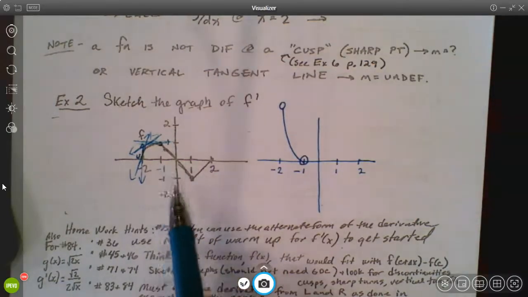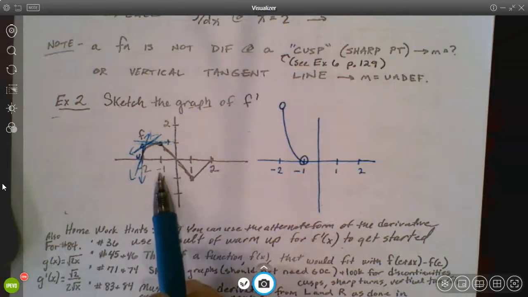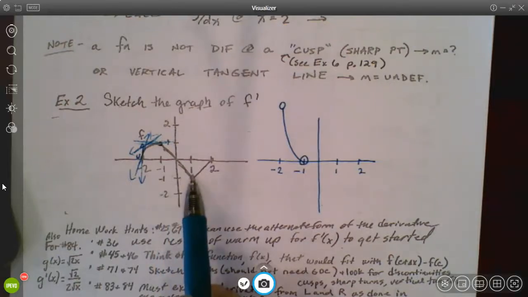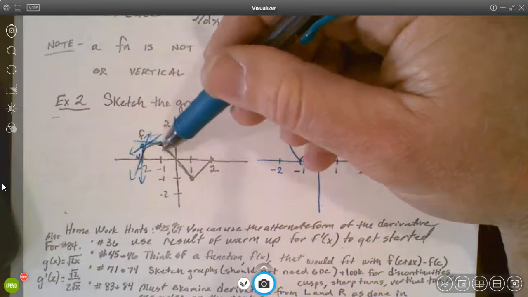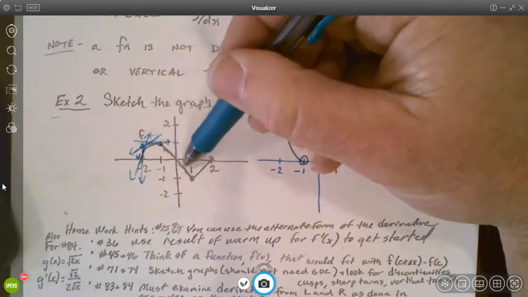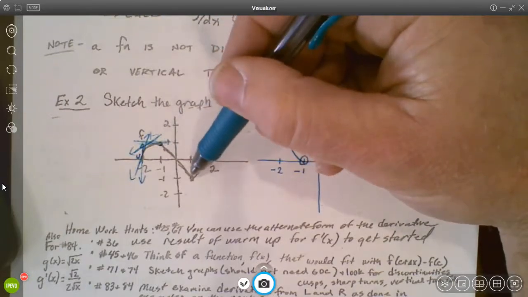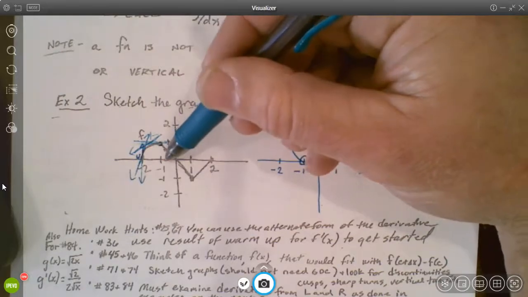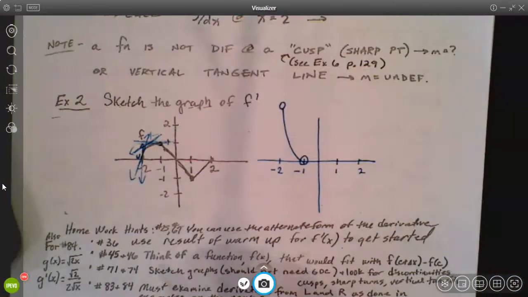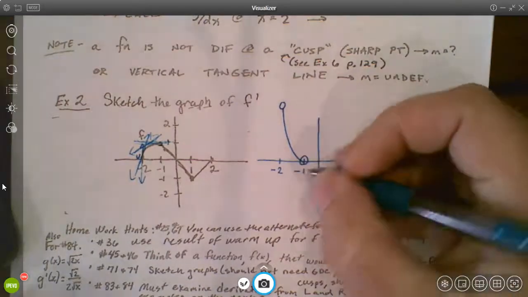But what about to the right of that? From the interval of -1 to +1, because it's a line for this portion, every point on this line would have a slope of -1, which means from -1 to +1, my y value or my slope is always -1.